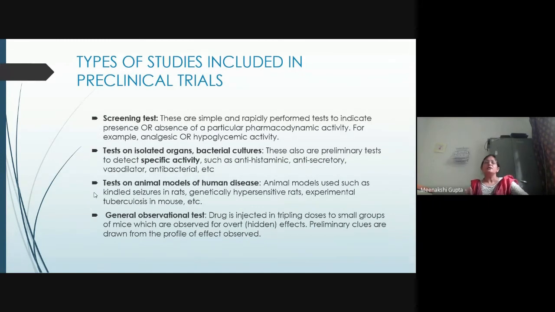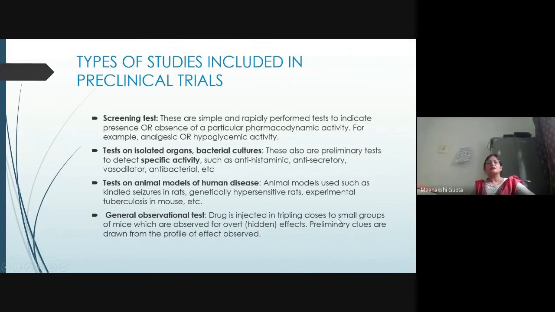First we do a preliminary screening for the different types of action, that is, what type of action the drug is showing, whether it is hypoglycemic, analgesic, antibacterial, antifungal or antimicrobial. So this is performed first.